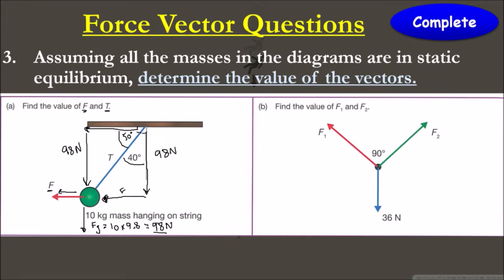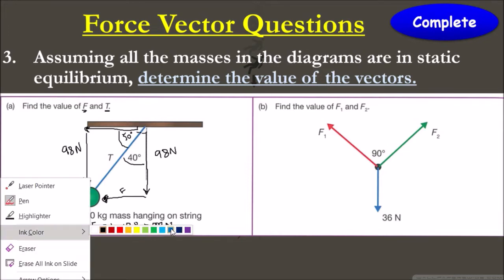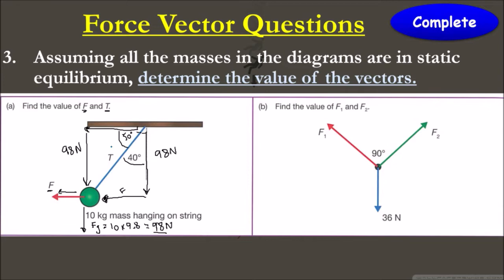Let's change the color as we start to calculate them out. Let's firstly look at F. We'll use this 40 degrees. Over here is the adjacent side, and over here is the opposite side. So F would be using the ratio of tan theta.